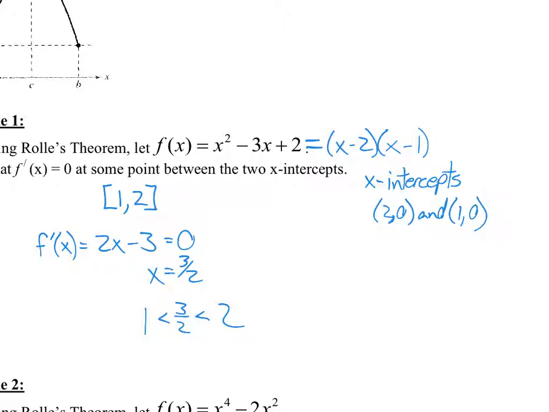We didn't have to make them x-intercepts. We could have said, show that the derivative equals 0 at some point between the 2 points where y is negative 3 or 5. This doesn't go down to negative 3, so. Thank you.